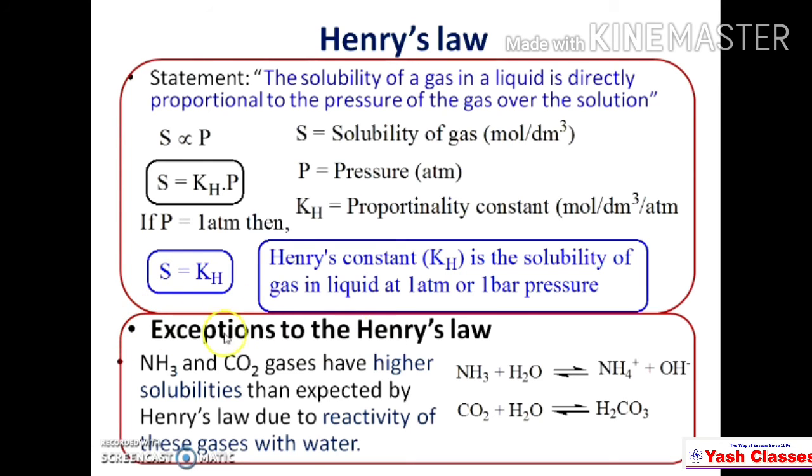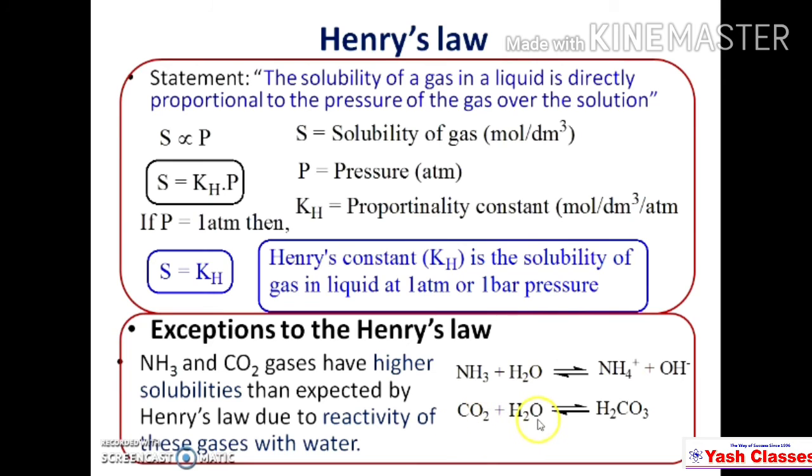There are a few exceptions to Henry's law. For example, ammonia and carbon dioxide gases have higher solubilities than expected by Henry's law. This is because of the reactivity of these gases with water. When ammonia is added in water, it forms ammonium hydroxide, and therefore its solubility is more than expected as per Henry's law.